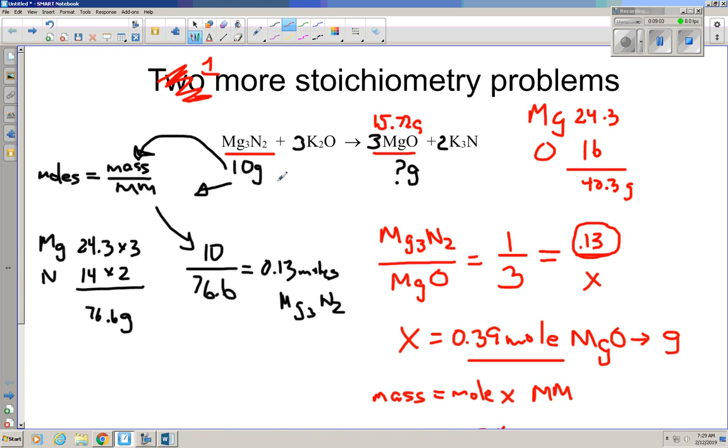Let's say the second time you do this, you were given 10 grams of magnesium nitride. Now, let's say you want to find out how much potassium nitride you can form from this. So make that as a test, and in just a moment I'm going to put the answer to that problem on another page. So give it a shot, pause the video right now, and do that part of the stoichiometry problem, and then restart the video, and we'll show you the answer, okay?